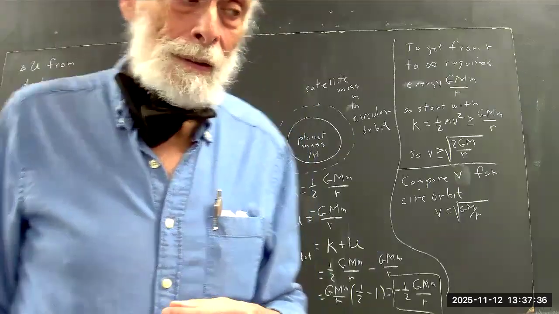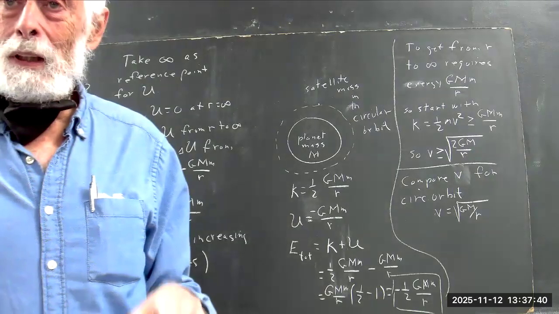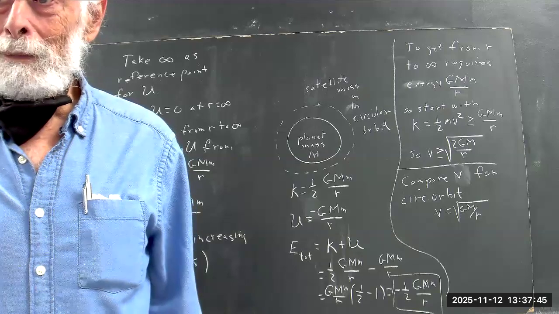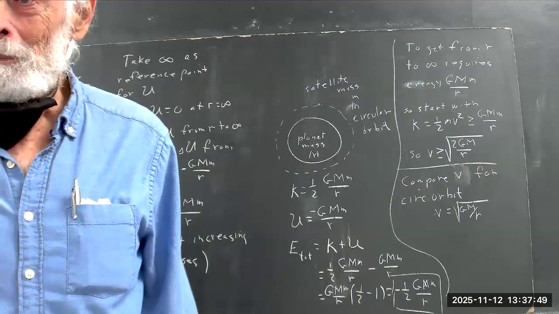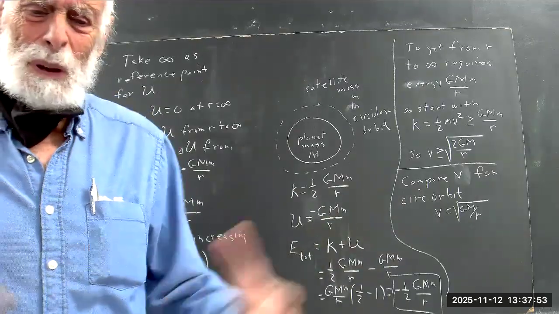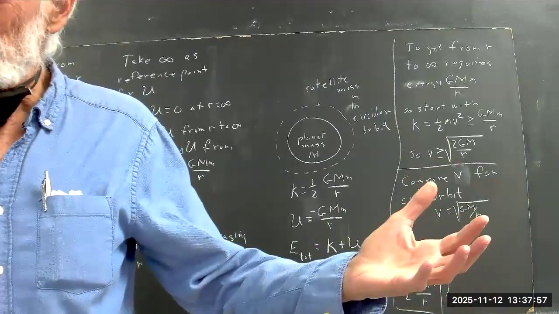I'm going to emphasize this, and I'll be sending out some problems, maybe not till tomorrow afternoon. When I was looking through your book, I said, wait, where's all this stuff on circular orbits?